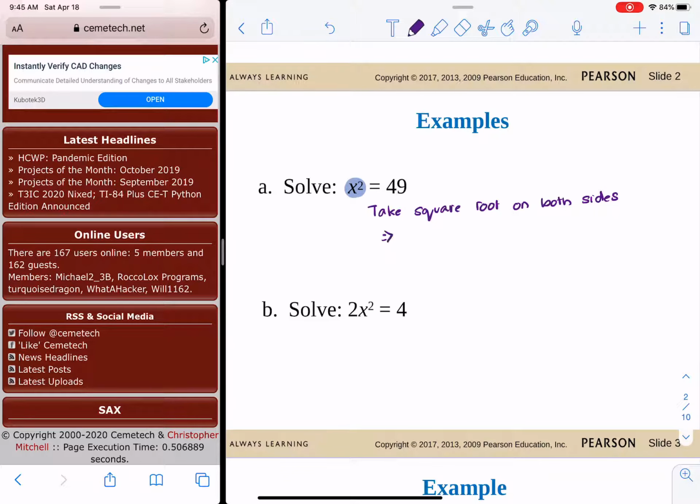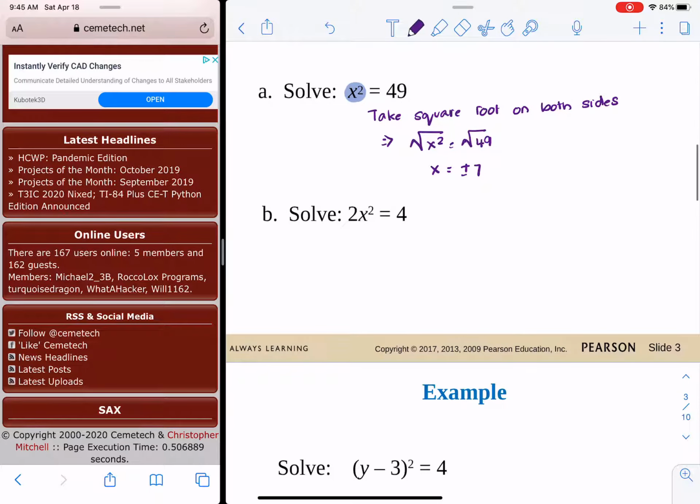So we would have square root of x squared equals square root of 49. Square root of x squared is simply x. Square root of 49 is plus or minus 7. And that is the solution. It is that easy because the left-hand side is a perfect square, and the right-hand side is simply a number.